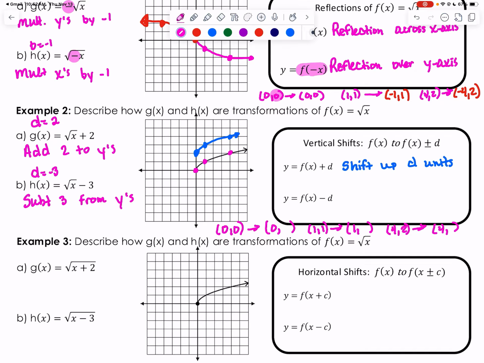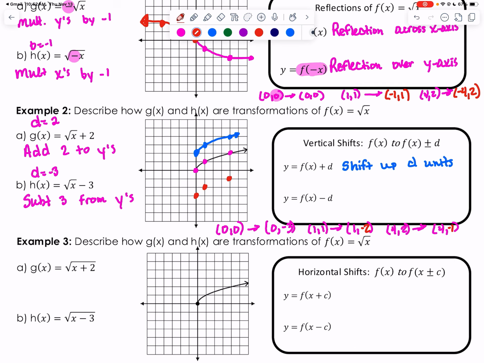So if we have 0, 0, 0 minus 3 is 0, negative 3. Let me grab a different color here. I haven't used red yet. So we have a point here. Then 1, 1: 1 minus 3 is negative 2, so I have a point at 1, negative 2. And then 4, 2: 2 minus 3 would be negative 1, so 1, 2, 3, 4, negative 1.